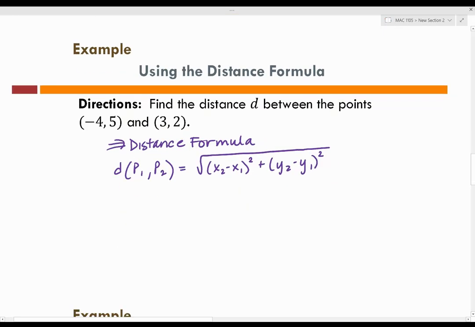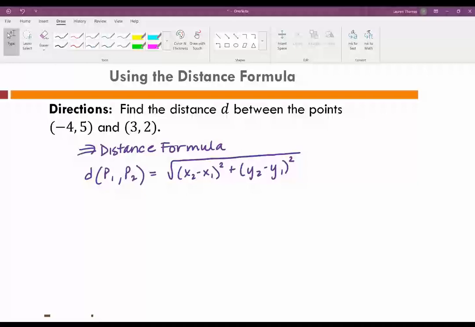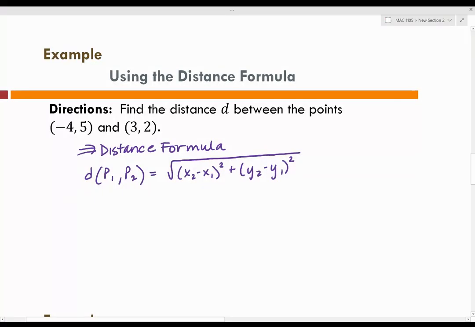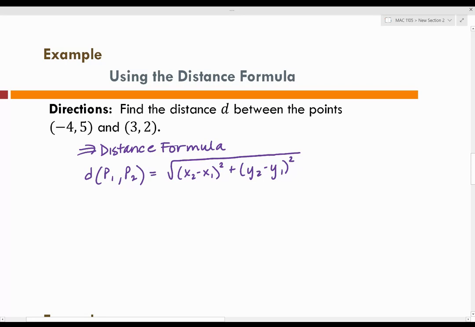Okay, so this problem says find the distance d between the points (-4, 5) and (3, 2). Now, because they didn't tell us specifically which point we're going to use as point 1 and point 2, we get to choose. So I'm going to designate point 1 as (-4, 5), and P2 as (3, 2).